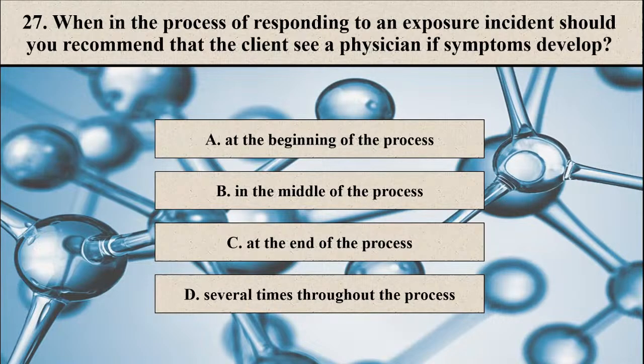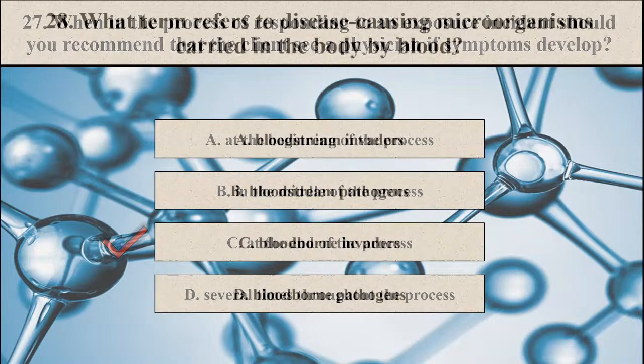When in the process of responding to an exposure incident, should you recommend that the client see a physician if symptoms develop? At the beginning of the process, in the middle of the process, at the end of the process, several times throughout the process. If you chose C, at the end of the process, you are correct.